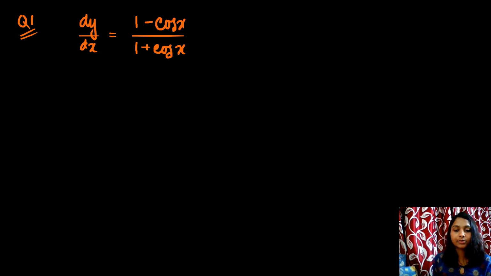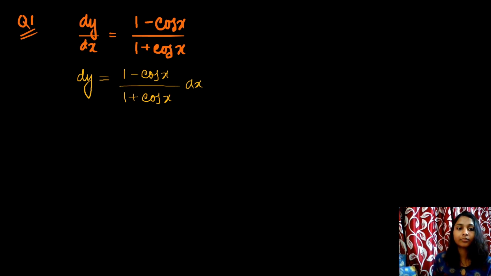Coming to the first problem, we have this equation. So obviously we can take dy as a single term, and we can take this dx with this term, and after that we can use integration. So this can be written as dy equals (1 minus cos x) divided by (1 plus cos x) dx. Next, integration can be used.